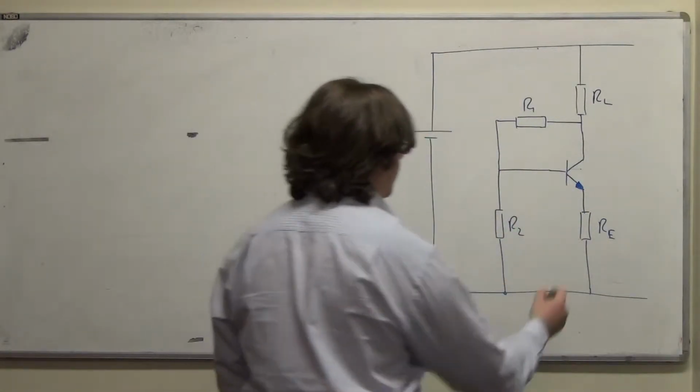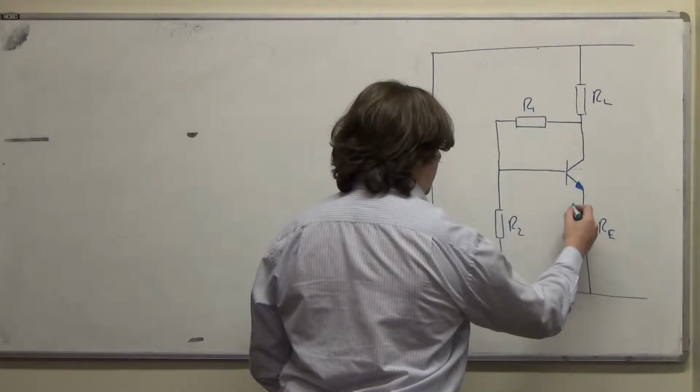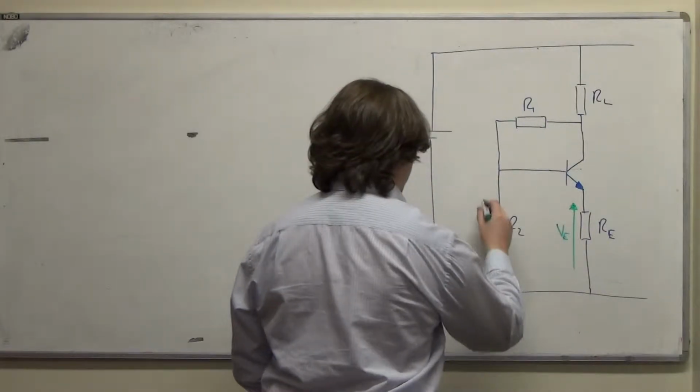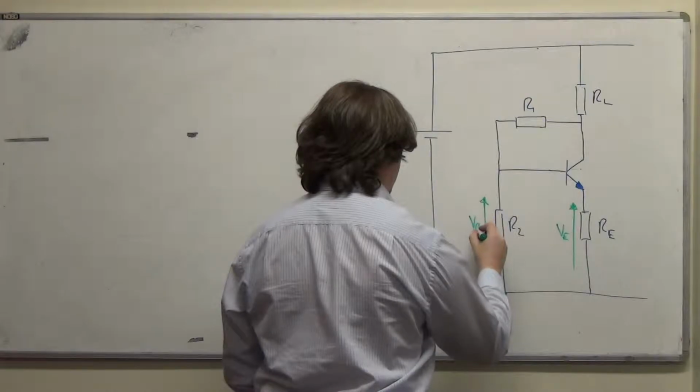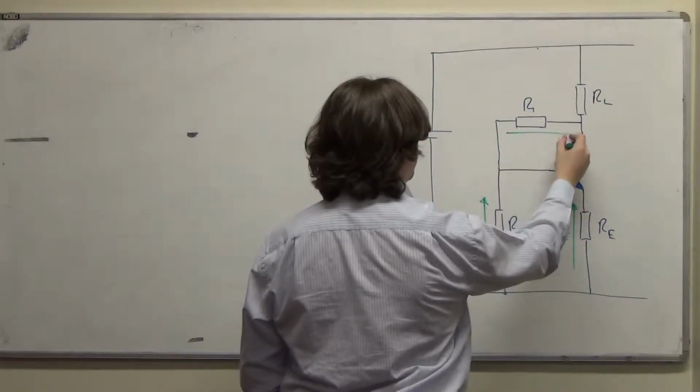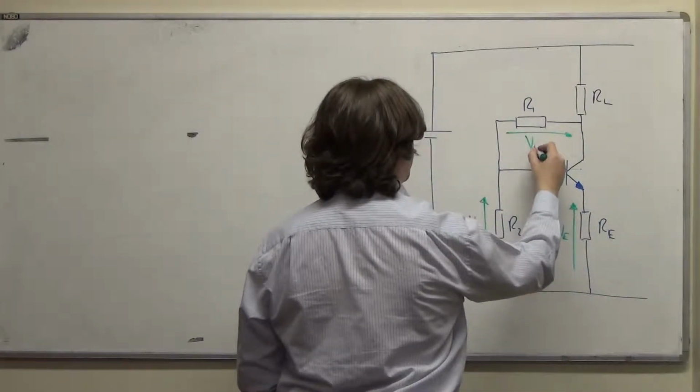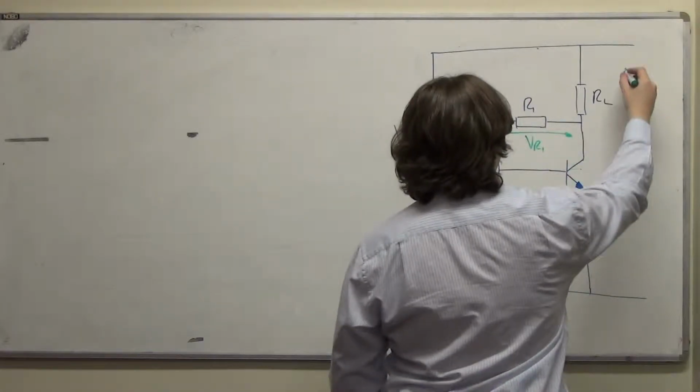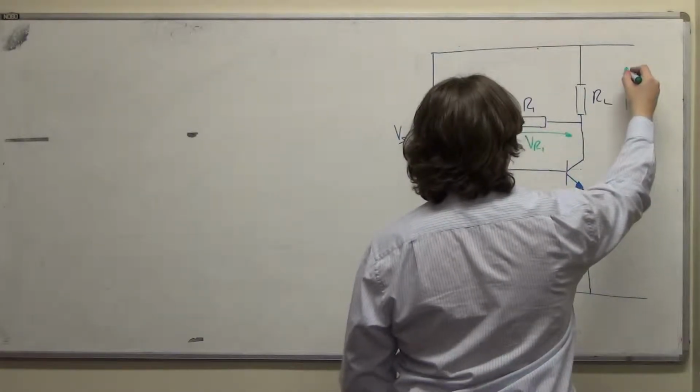We know that this will be VE, and this will be VB, and that this will be VR1, and this can be VL.